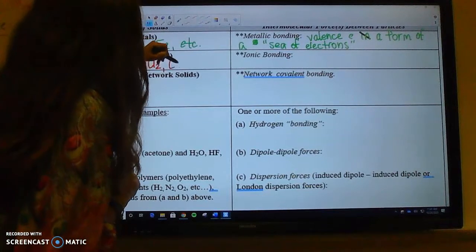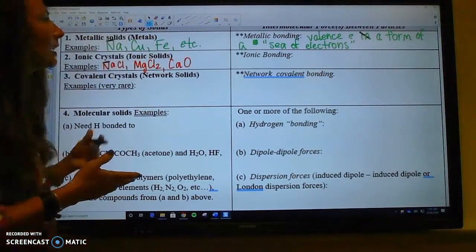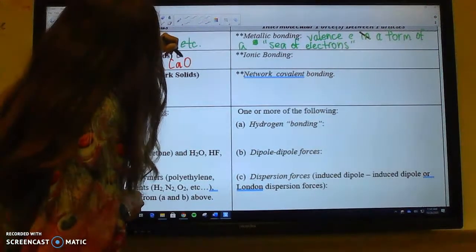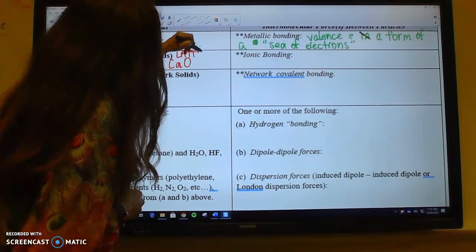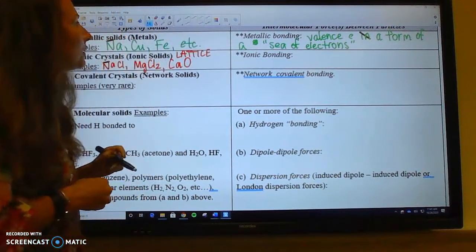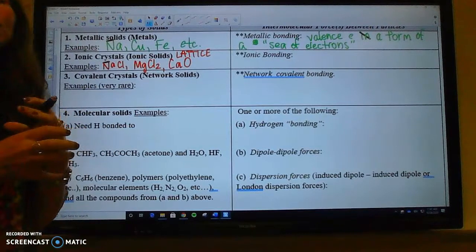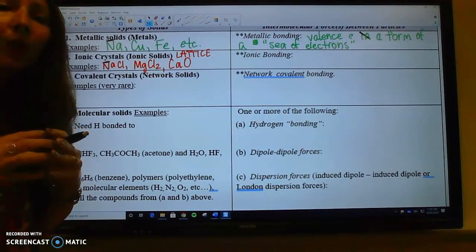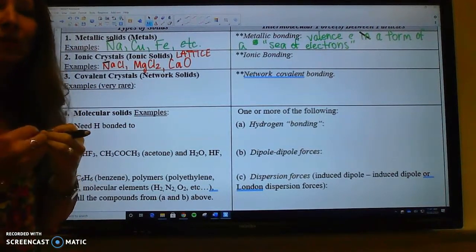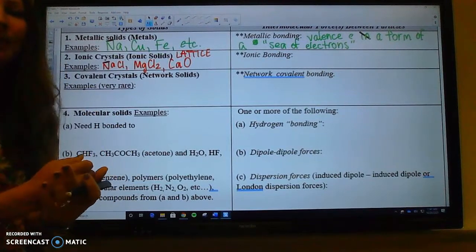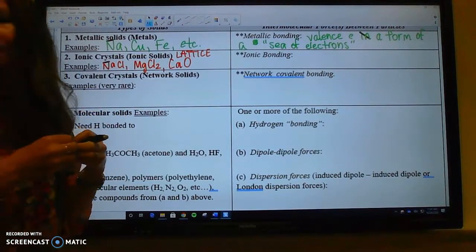It doesn't have to be a chloride. You could have calcium oxide, and all of these form lattice structures. These lattice solids are responsible for sodium chloride. What shape is that? It's a cube. Whenever you break sodium chloride down into smaller pieces, it still holds that shape.